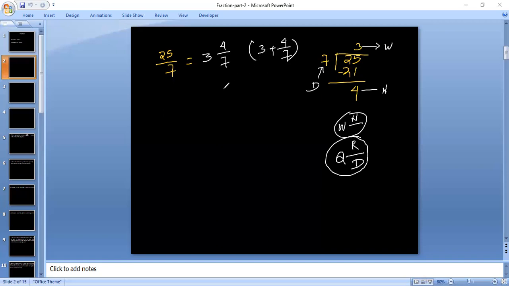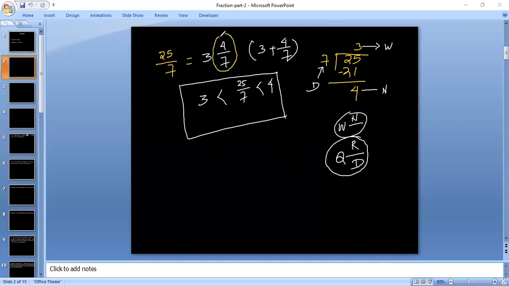So you should divide the space between 3 and 4 on a number line into 7 equal parts, then take 4 out of 7. So let's do that.